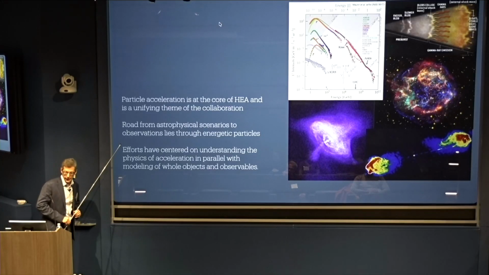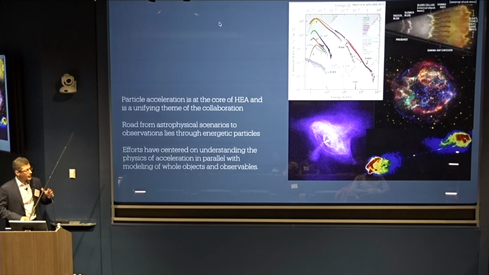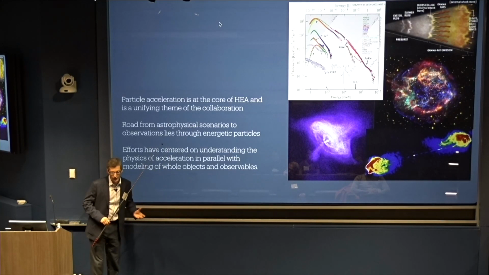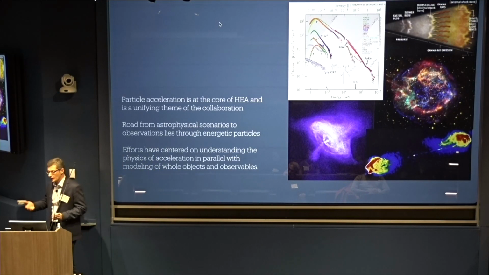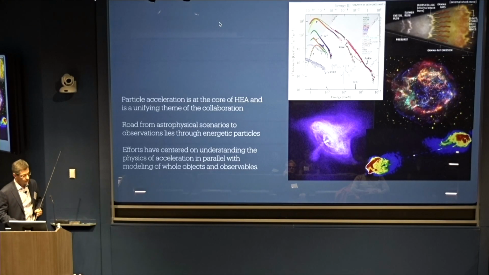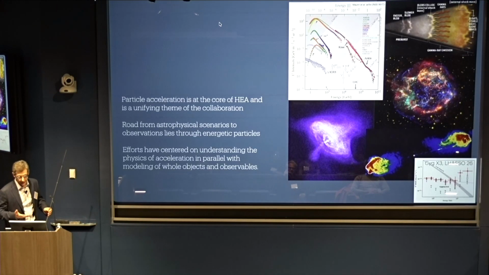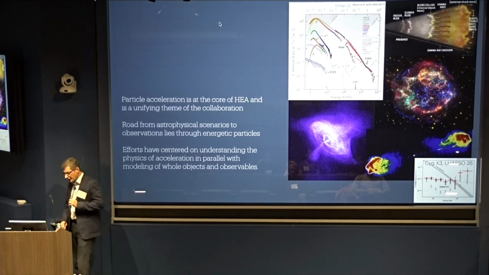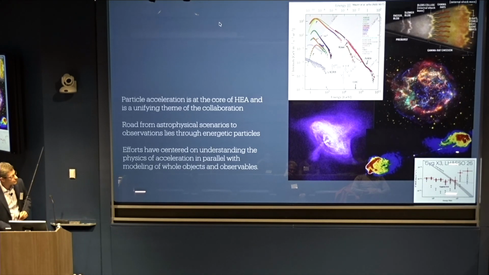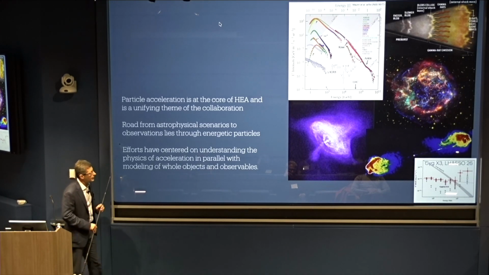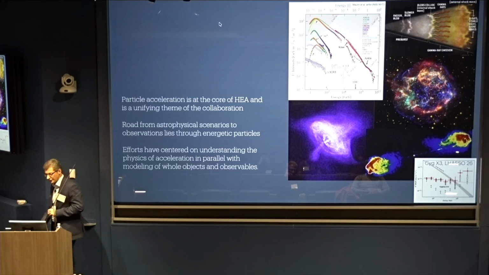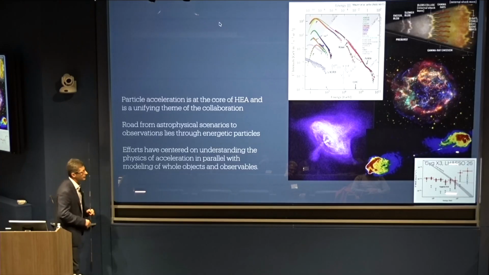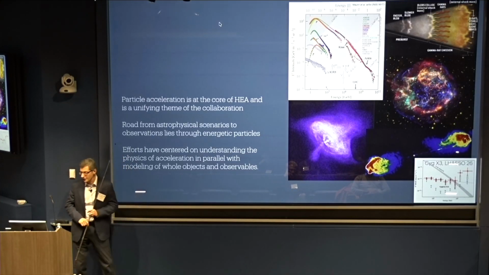So far, the efforts in the collaboration have centered on trying to understand the microphysics of particle acceleration, and also trying to apply it to model the objects that we observe. In particular, recently we've been energized by the observations of ultra-high energy gamma rays, PeV gamma rays coming from Cygnus X-3, which means that the primary accelerated particle, probably a hadron, needed to have even larger energies.